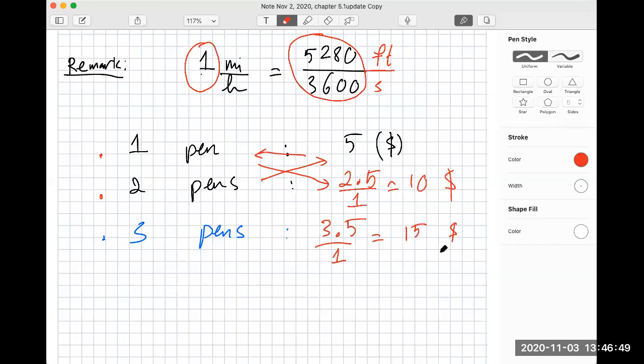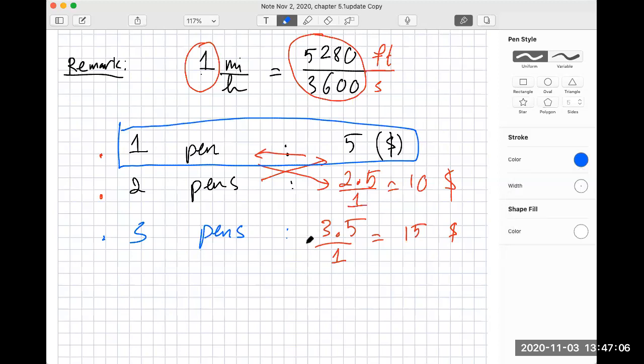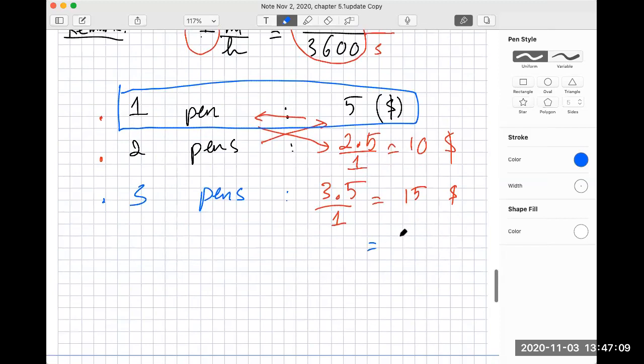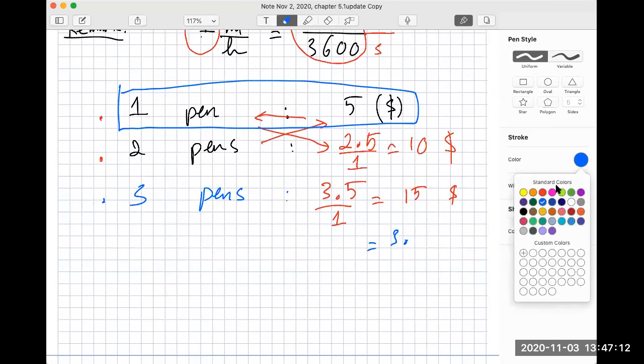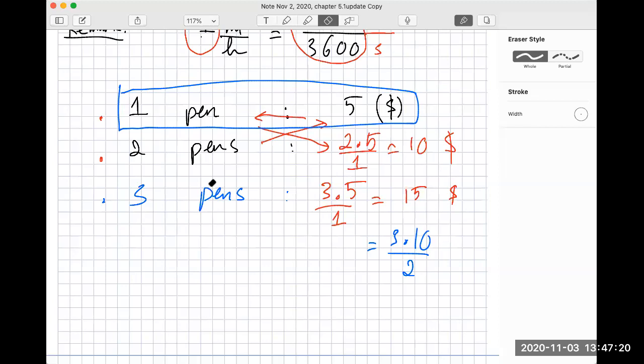Okay? Or sometimes we don't need to find the price of 1 pen. We can do it faster by doing 3 multiplied by 10 divided by 2, right? It gives us the same result, 15. Okay? We don't have to memorize it. If you understand this, you can deal with similar problems.